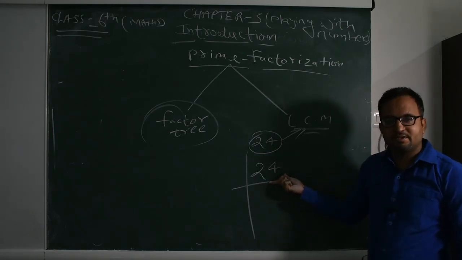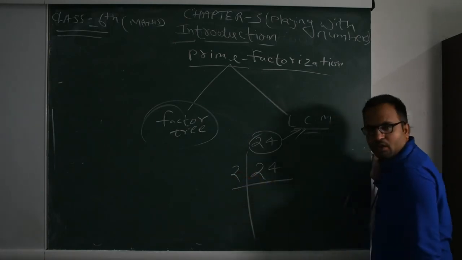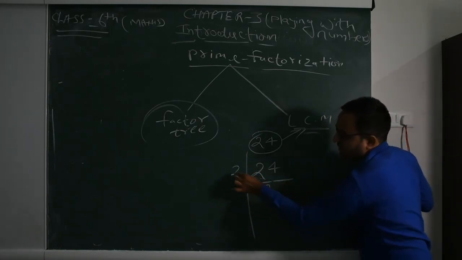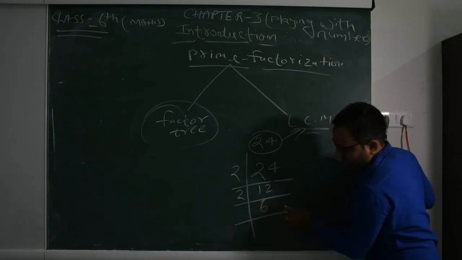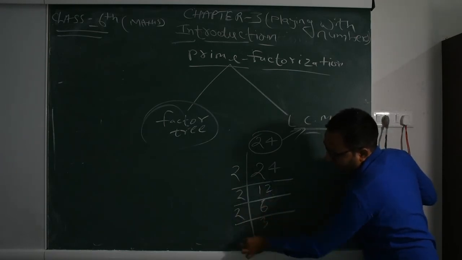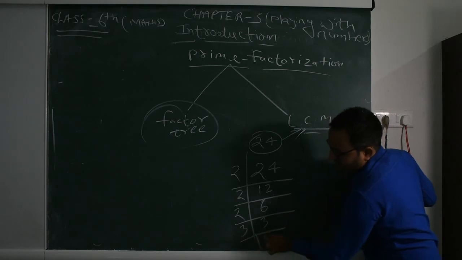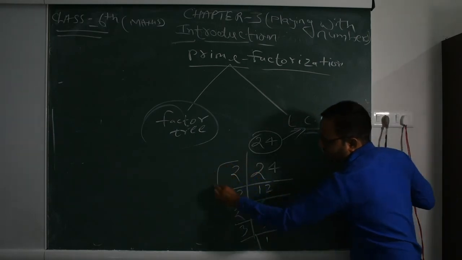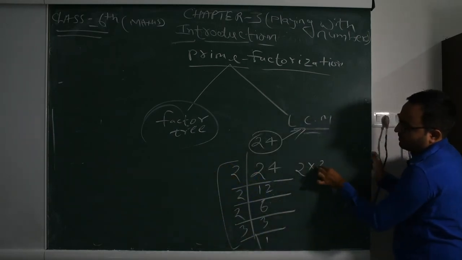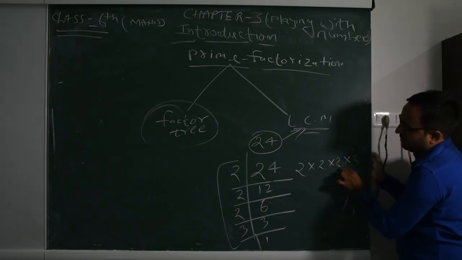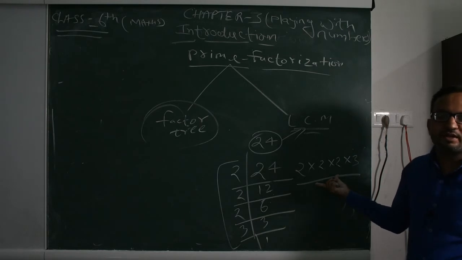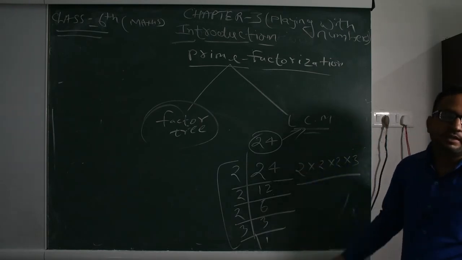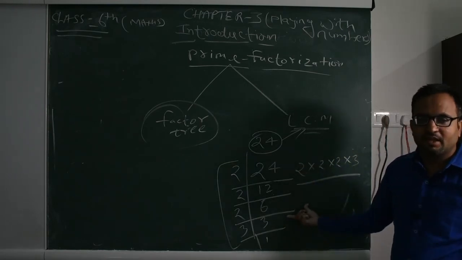We start from the smallest prime number, that means 2. 2 twelves are 24. Again 2 sixes are 12, 2 threes are 6 and 3 ones are 3. So this is the method of LCM. With the help of this method we also find the factors of this number.